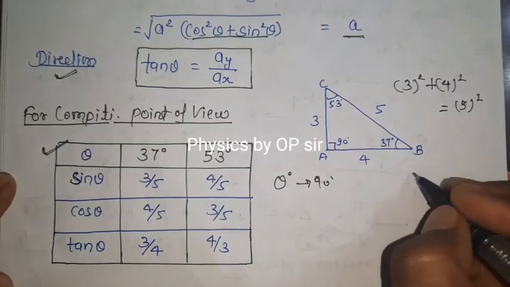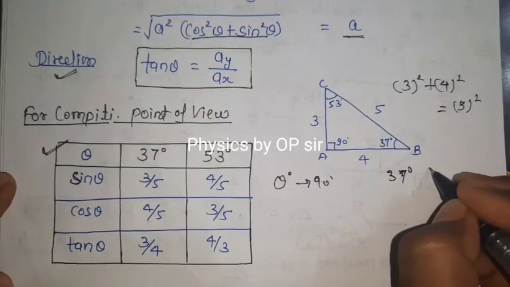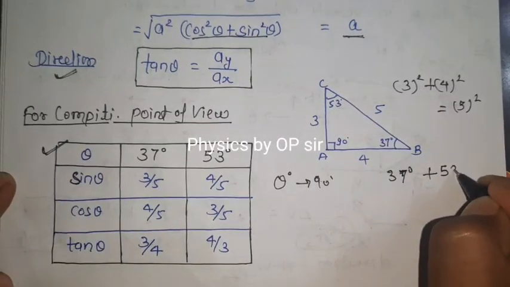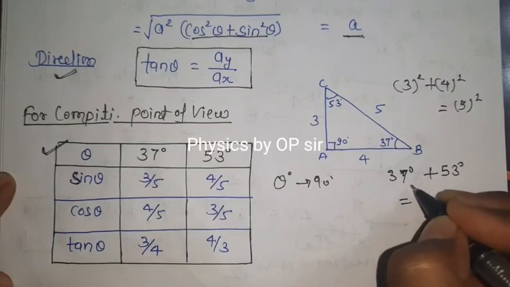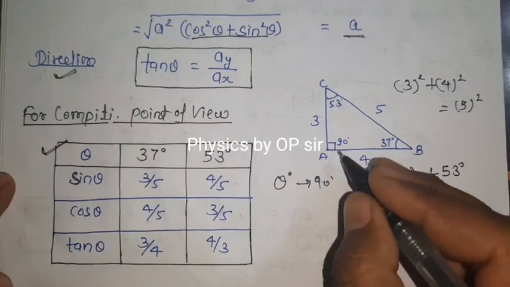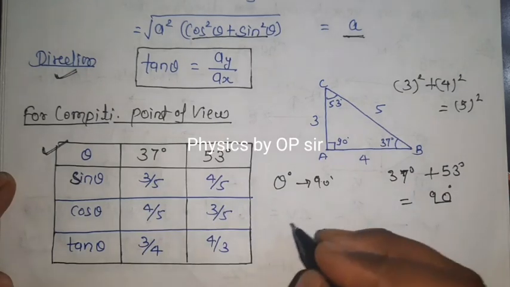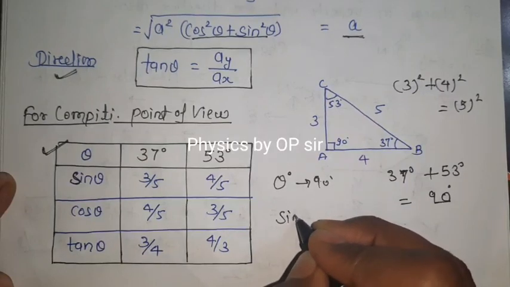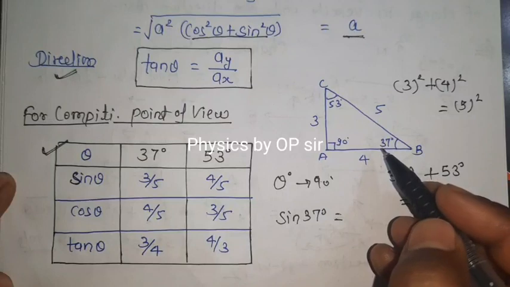Here we take two angles, 37 degree and 53 degree. 37 plus 53 is 90, and 90 plus 90 is 180 degree, clear. So the total angle of a triangle is 180 degree.